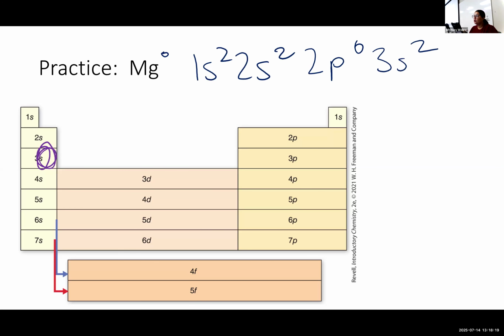Now let's do it using the noble gas configuration. I can shorthand that. What is the noble gas before magnesium? I just put neon in brackets, and then everything after, and that's the noble gas configuration.